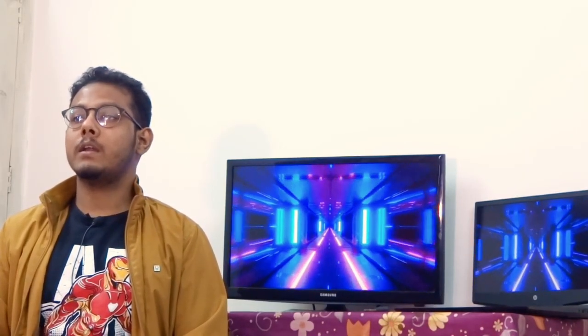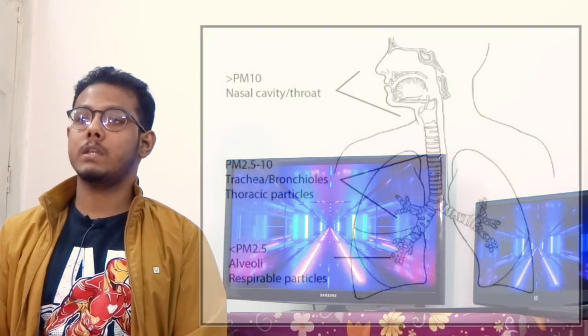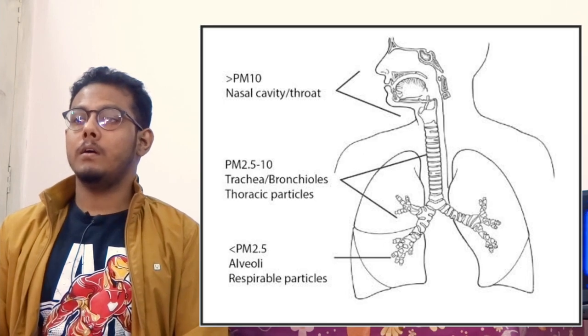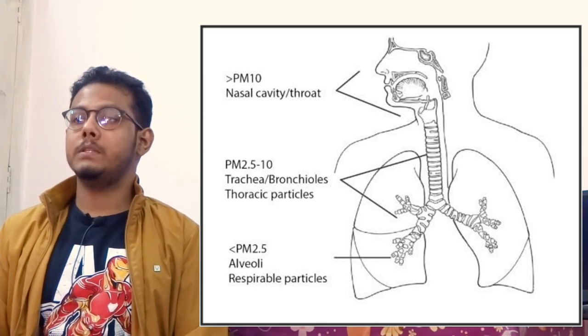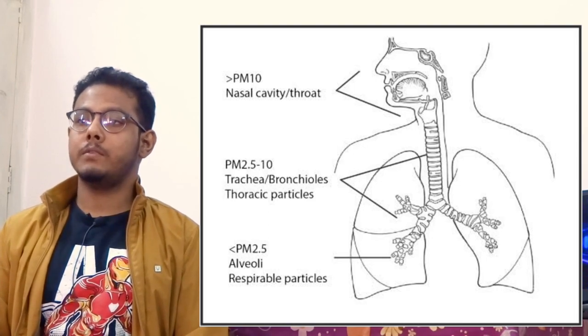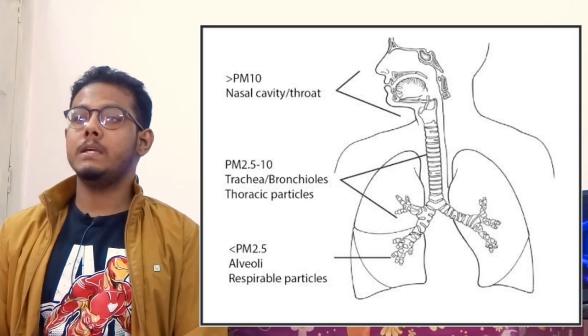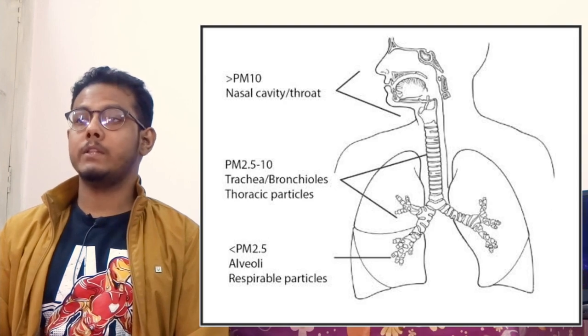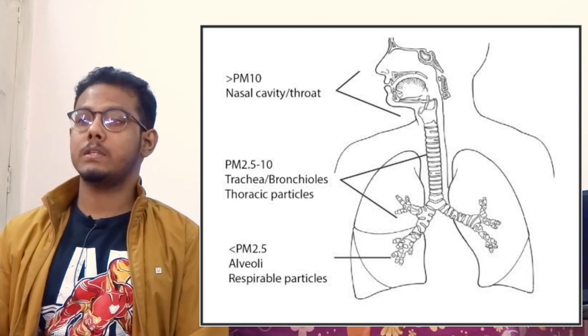There are little hair follicles within our nostrils, and the mucous layer is also there, which helps to stop the entry of these foreign particles. So 10 is the largest of them, which can be easily stopped by those hair follicles and the mucous layer, with respect to 2.5 and 1.